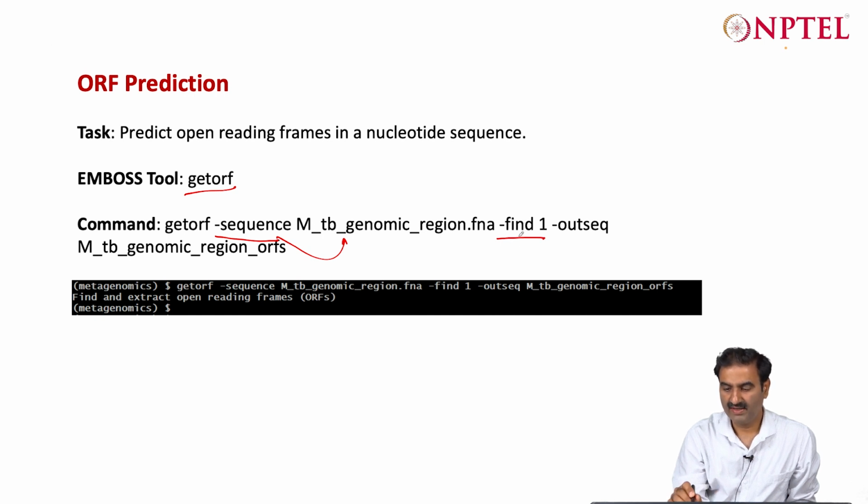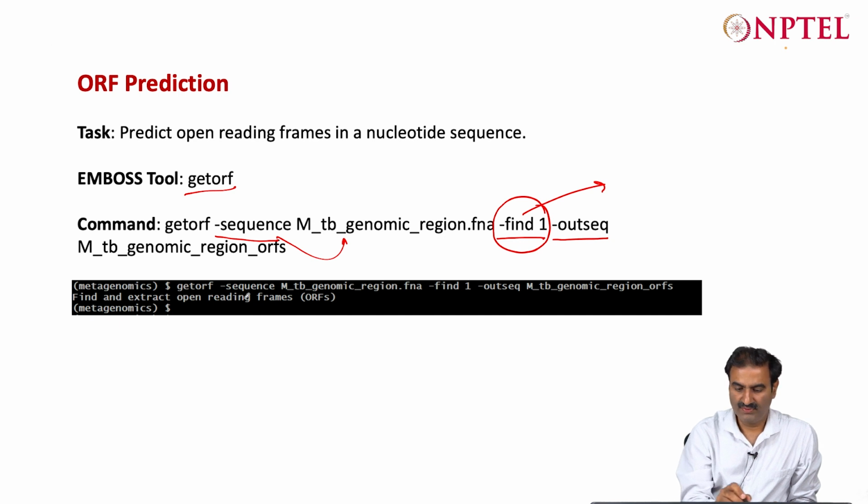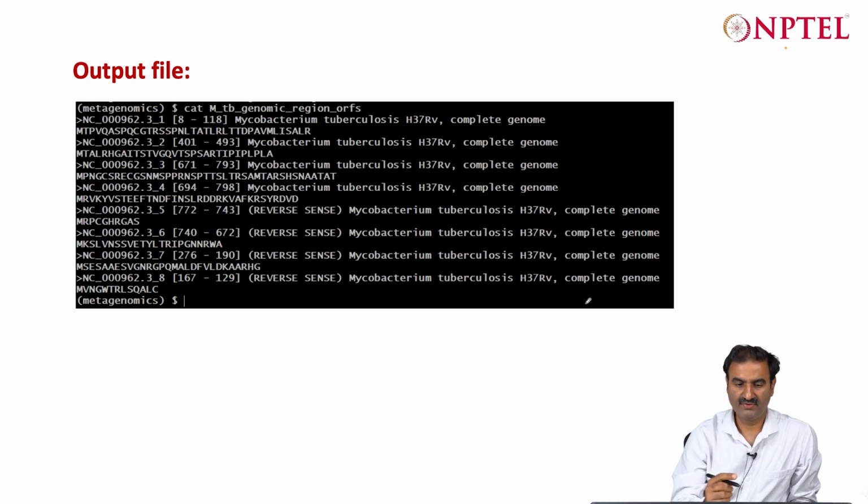Then -find 1, and outseq. Basically you want to find complete ORFs, incomplete ORFs, partial ORFs, so -find may have such kinds of options. It's an additional qualifier that you have added, and then the output sequence file. So this is what we have written in the command prompt, and it is finding and extracting ORFs and saving them in this file, which looks like this.